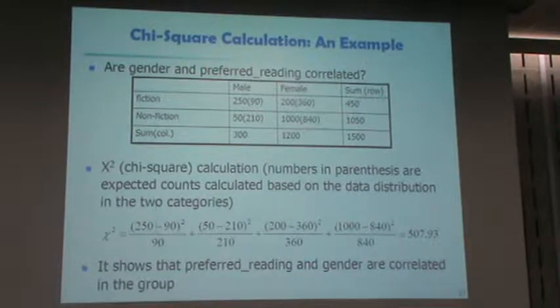We try to find whether gender is related to reading preference using chi-square.